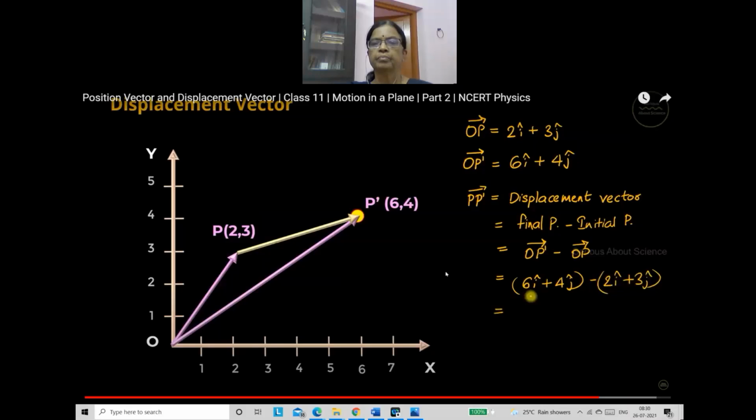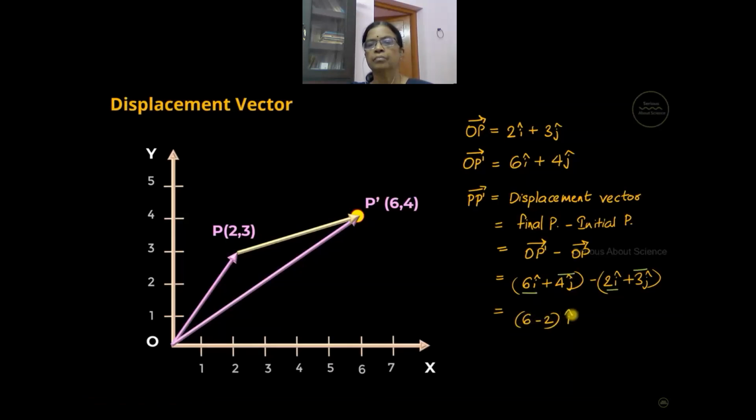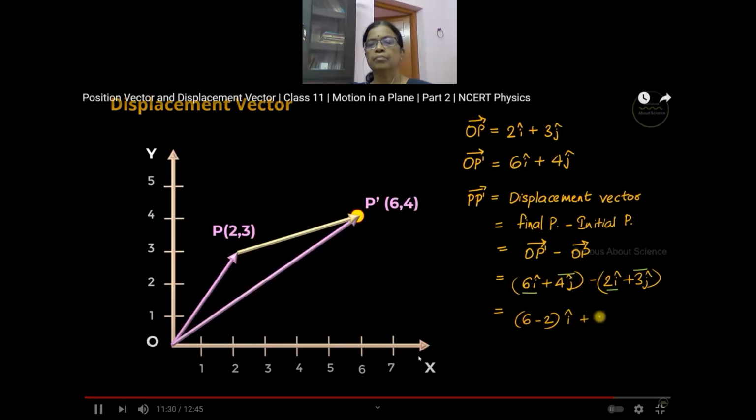Always add or subtract the like terms. Here the like terms are 6i cap and 2i cap, and 4j cap and 3j cap. Grouping the like terms together, we get (6 minus 2) times i cap plus (4 minus 3) times j cap.